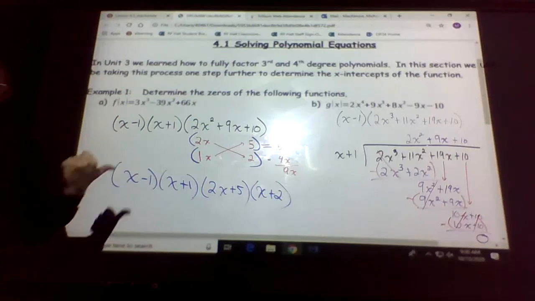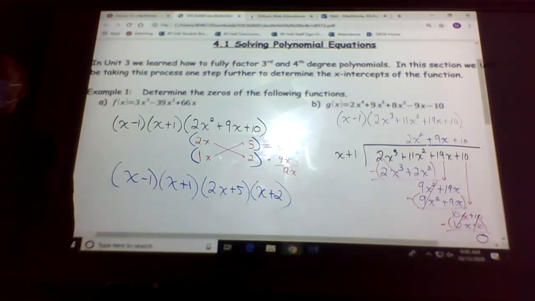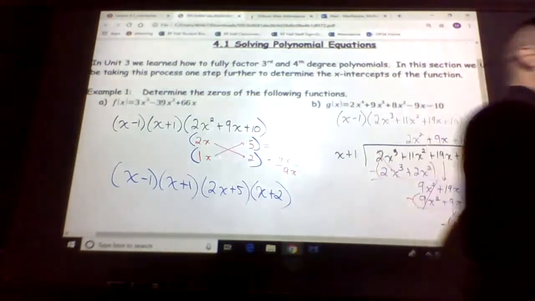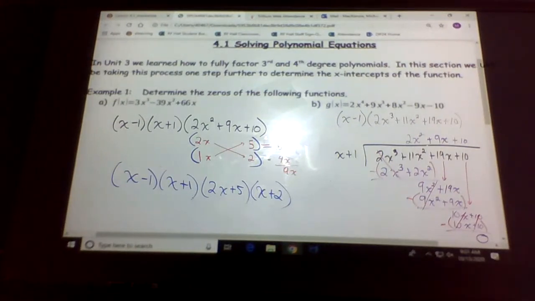If you were doing decomposition or PSI, it would have taken you forever. This goes very fast. This is the quickest method. But if you're comfortable with the method that you already know, please use it.